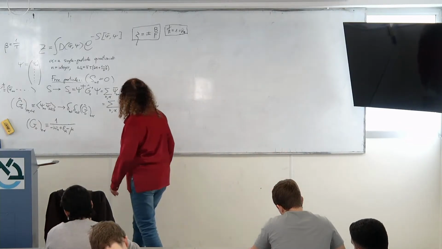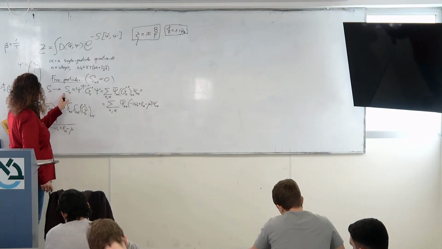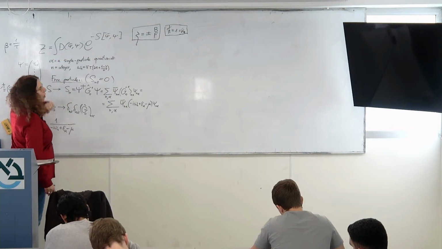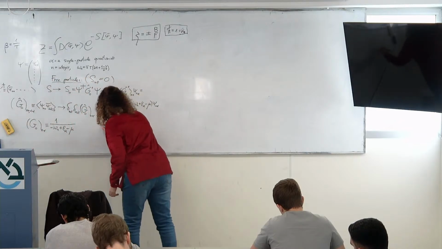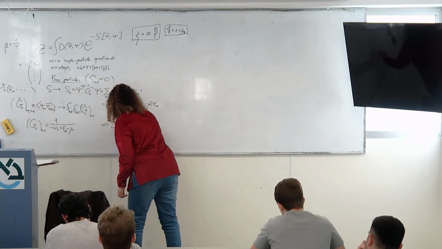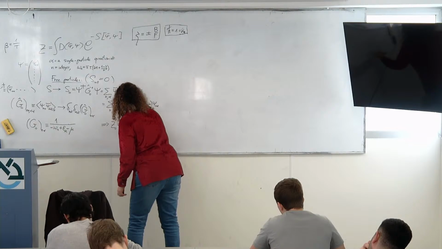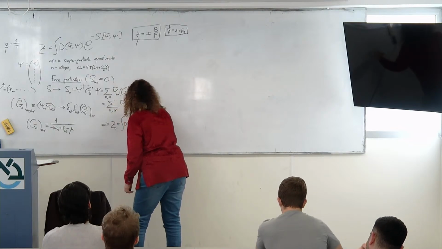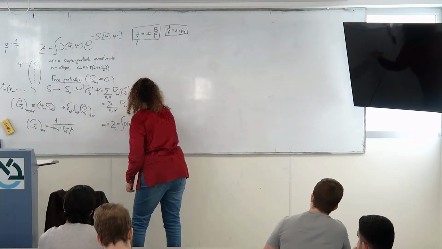Now, if this is all you have, just free particles, we can actually solve the partition function, and we get that Z naught can be written as the Gaussian integral. I'm just copying it here.